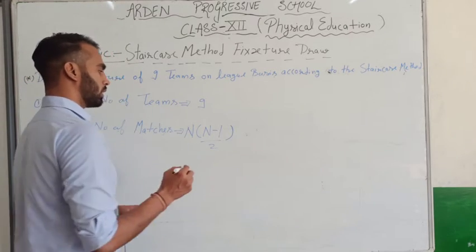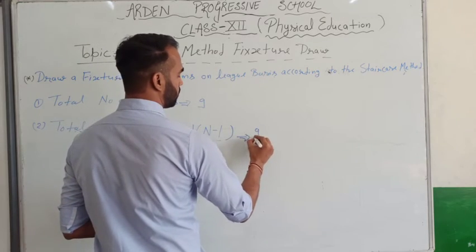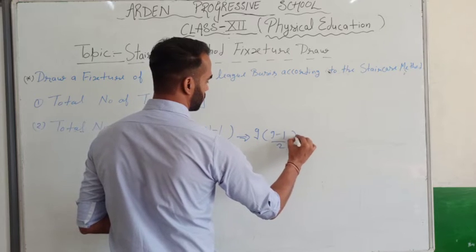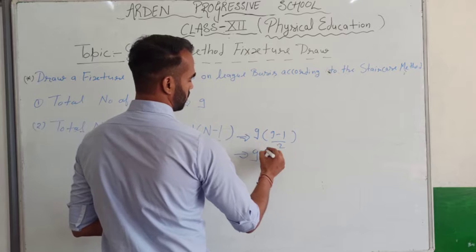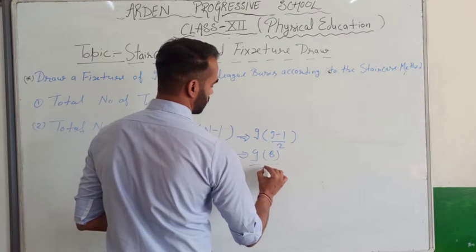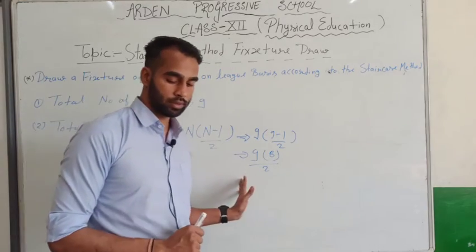Here n is the number of teams, so the number of teams is 9, minus 1, upon 2. So 9 bracket 8 close, upon 2. We solve this.